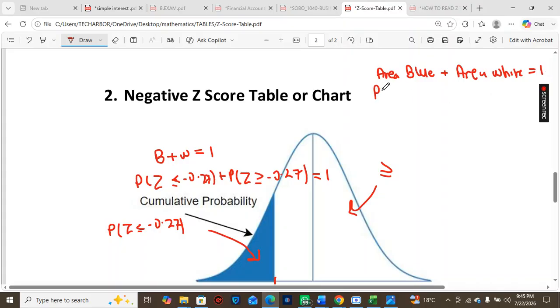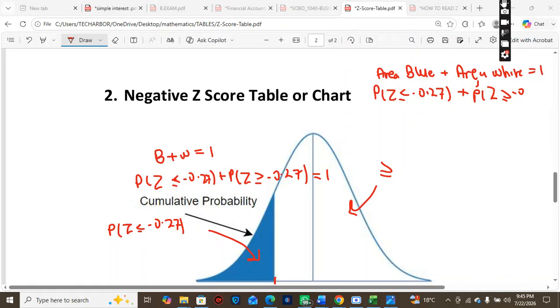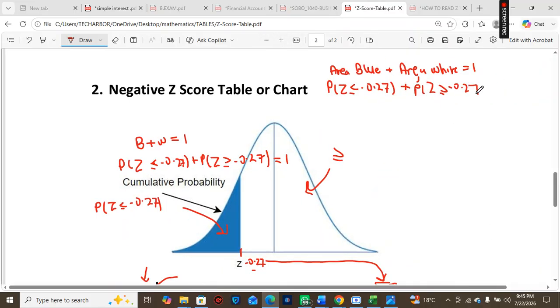So the probability that Z is less than or equal to negative 0.27 plus the probability that Z is greater than negative 0.27 should equal 1.